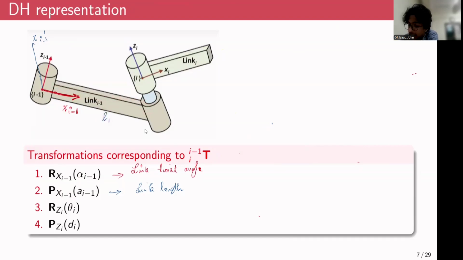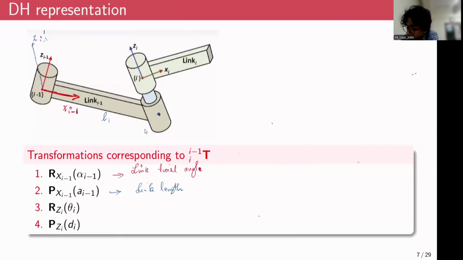So if L1 is the link length, the perpendicular distance between zi minus 1 dash and zi along xi minus 1 is that link length L1, right? So once you have performed that transformation, you are essentially moving this frame, zi minus 1 dash and xi minus 1 into this position. So I'll label it like that.